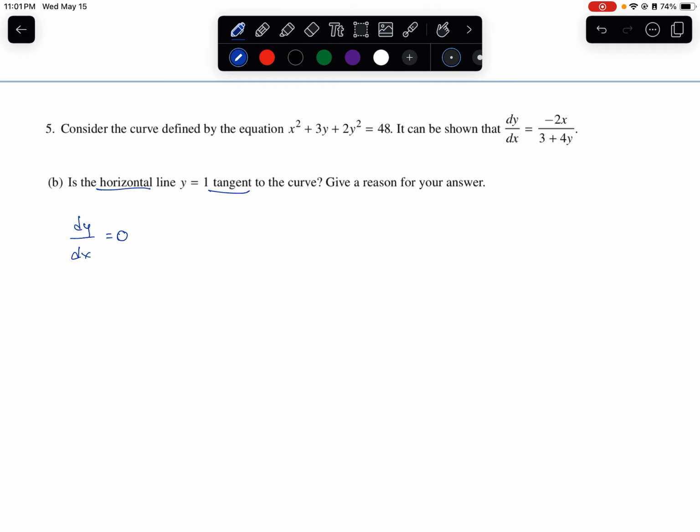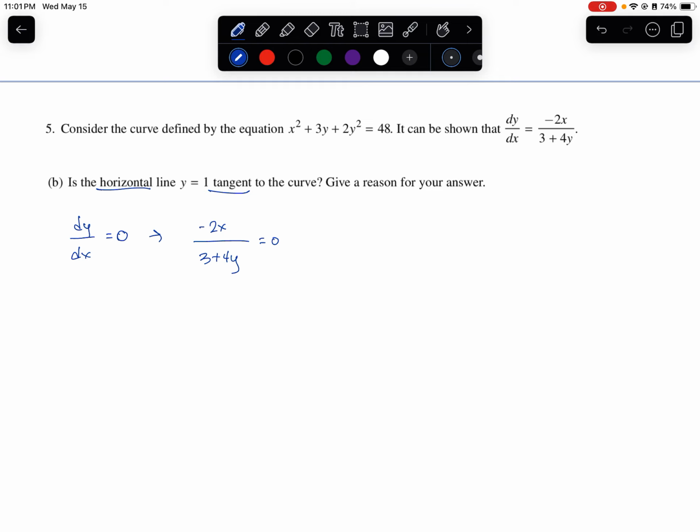Correct, right? That's whenever the slope of the line is 0. So that's when it would occur. So 2x over 3 plus 4y would have to be equal to 0, right? Okay.